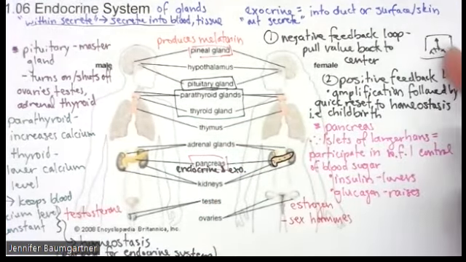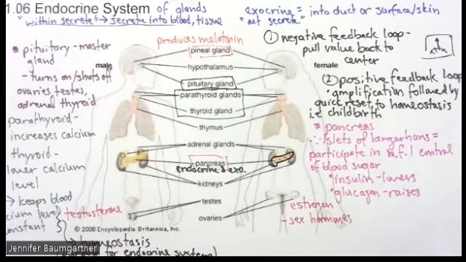If we're high, we're going to release insulin, bring it down. If we're low, we're going to increase glucagon, and that's going to raise our blood sugar. And if you know anybody who has diabetes, they have an issue with blood sugar. There's different types of diabetes. Again, more to follow on that later. But if you have diabetes, then you have issues with this.